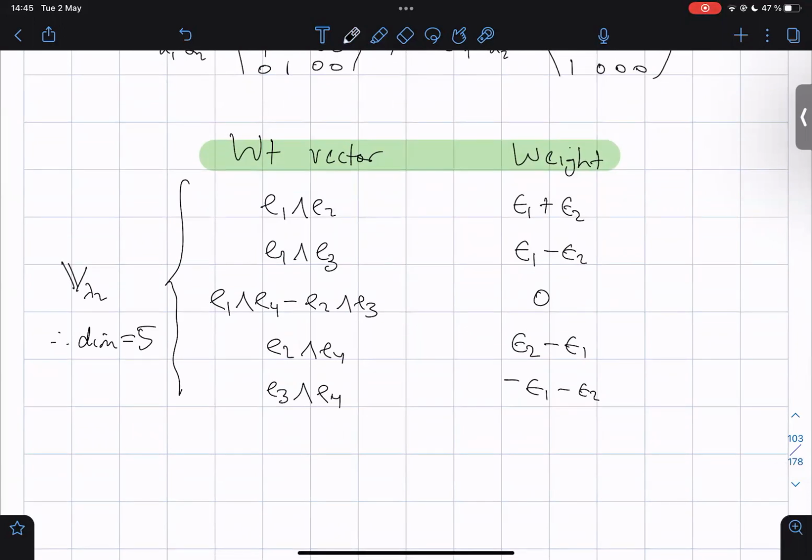Another description of this V lambda 2 space is it's in the kernel. I haven't introduced that notation. So we have these wedge 2C4 vectors, so it's a linear combination of wedge products like this.